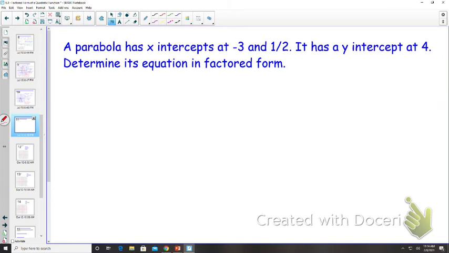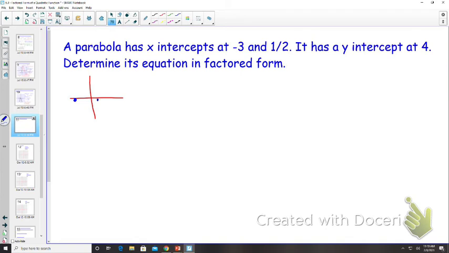Okay, so a parabola has x-intercepts at negative 3 and 1/2. It has a y-intercept at 4. Determine its equation. Okay, so for this one, we know that the parabola has x-intercepts at negative 3 and 1/2. So remember on our x-intercepts, our y values are always 0.